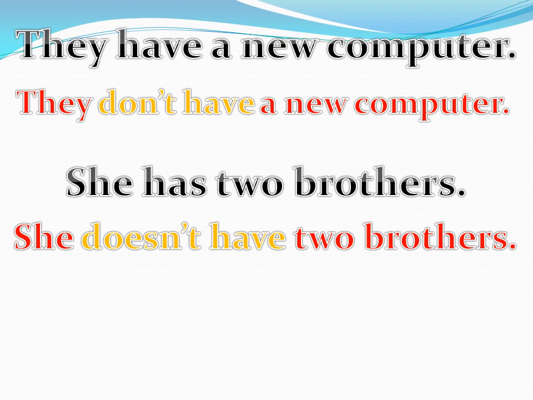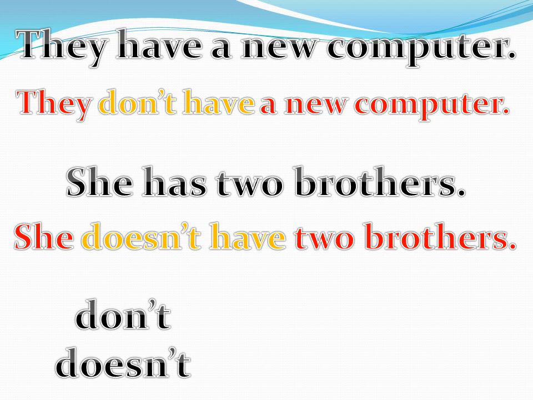We can't say she doesn't ha. It's not a word. So don't or doesn't, both of them must be followed by have and not has. If we use don't or doesn't, after them we put have only. We never put has.